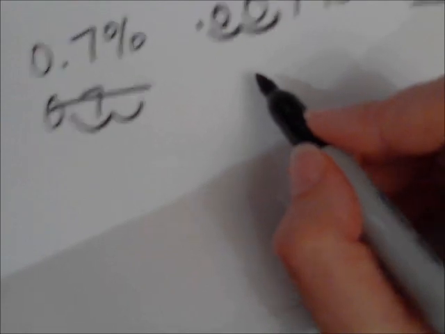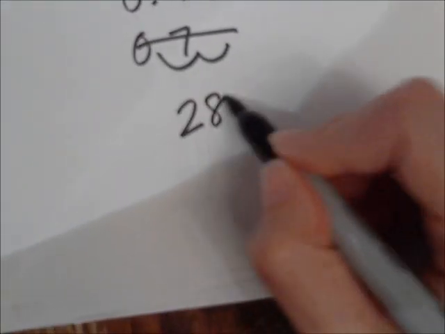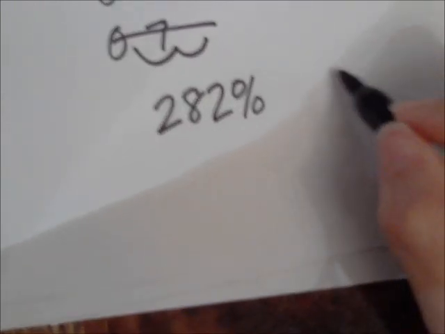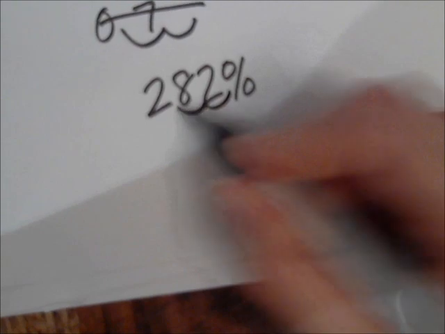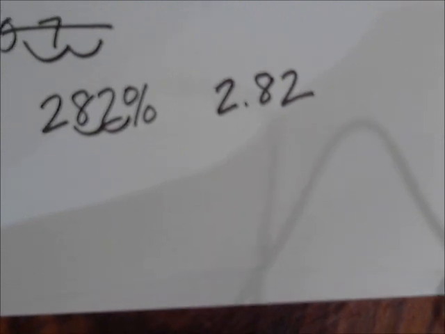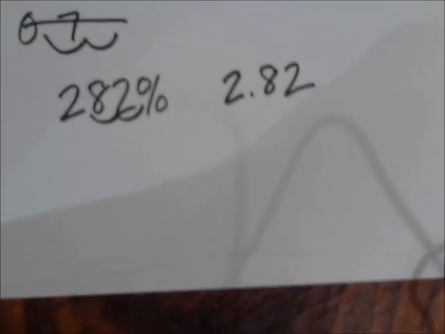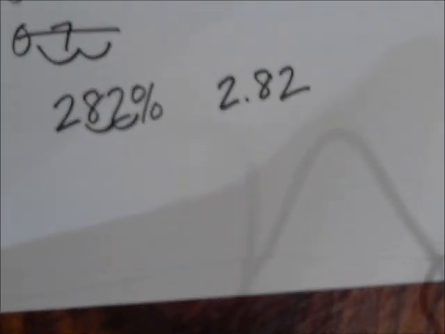And then the surface area of Lake Tahoe is 282%. If I change that to a decimal, that's going to be 2.82. So Lake Tahoe is 2.82 times larger than Clear Lake. So Lake Tahoe is the largest lake of all of those. All right, let's keep going.